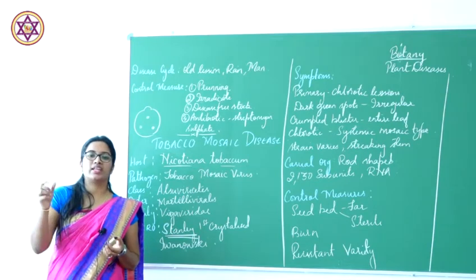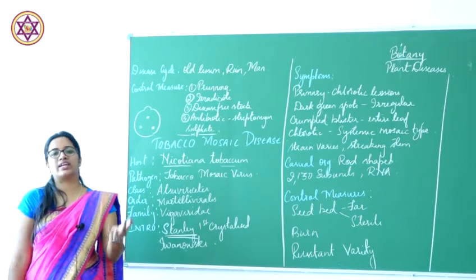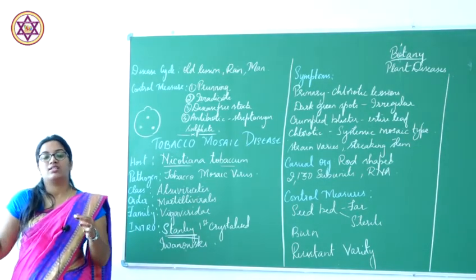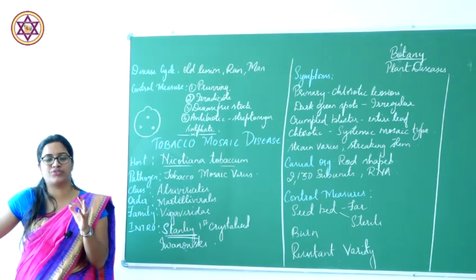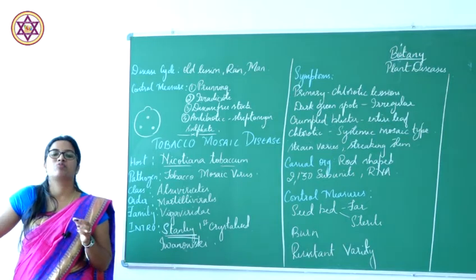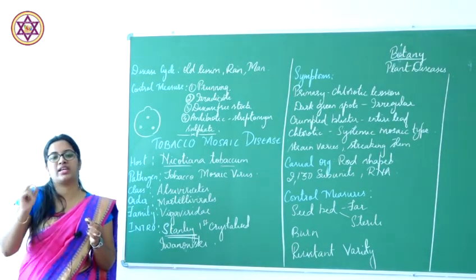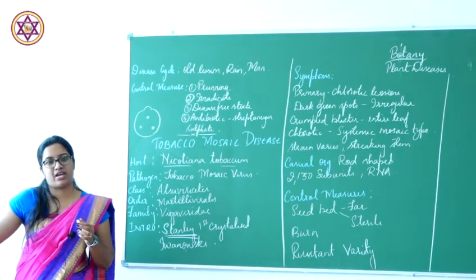Okay, so when he poured the extract of this infected plant onto a healthy plant, still, even though it had passed through the bacterial proof filter, the symptoms appeared. Bacterial proof filters are those filters which have minute pores which will not allow the bacteria to pass through.